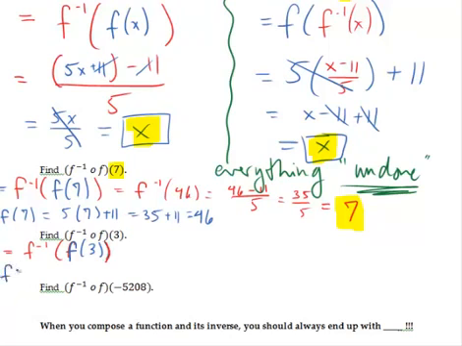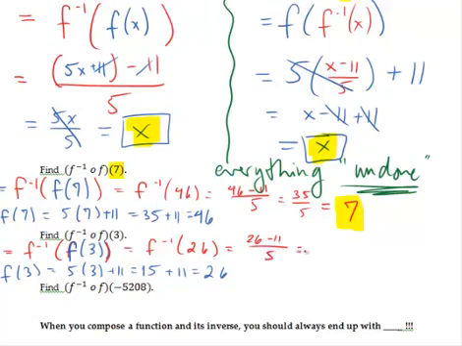So the inside part, f of 3, is 5 times 3 plus 11. 5 times 3 is 15, plus 11 is 26. So f inverse of 26 is 26 minus 11 over 5. 26 minus 11 is 15 over 5. 15 over 5 is 3. Again, notice we ended with 3, we started with 3.